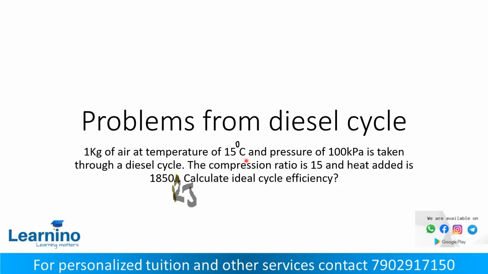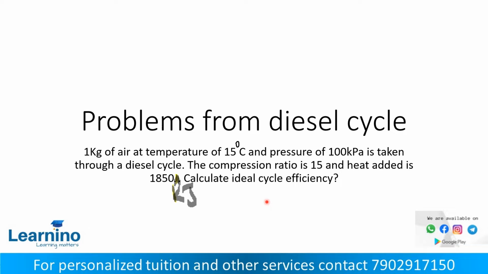Temperature is 15 degrees centigrade, so we will convert it into Kelvin. 15 plus 273 is equal to 288 Kelvin. I think you all know how to convert degrees into Kelvin: degree centigrade plus 273 is equal to the temperature value in Kelvin.